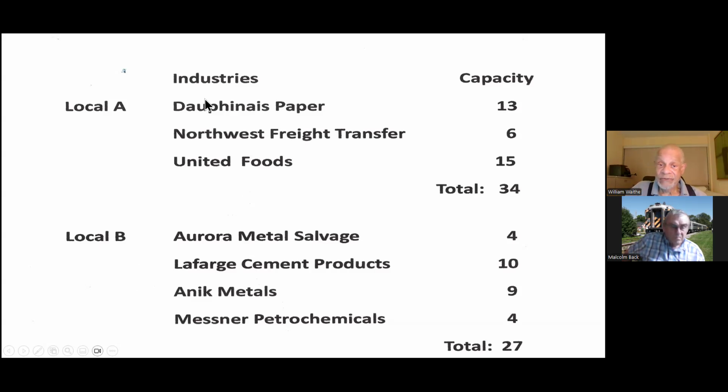If you didn't have enough trains, the last industries on the line would not get any activity because there'd be no space on the trains. So we balance it out by balancing the capacity of the two trains. So we have roughly a good balance between the two locals that serve the two different groups of industries.